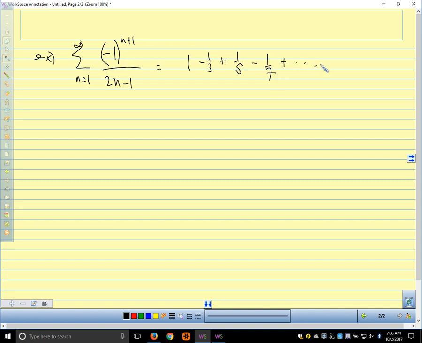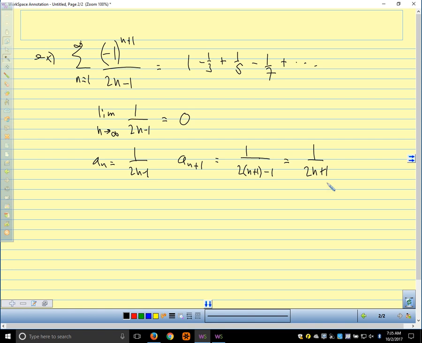All right, so the limit as n approaches infinity, I don't need to worry about the sign. We're just worried about the magnitude, and the limit of 1 over 2n minus 1 is 0. So we're good on that part of the test. Now a sub n is 1 over 2n minus 1, and a sub n plus 1 is 1 over 2n plus 1 minus 1, which is 1 over 2n plus 1.